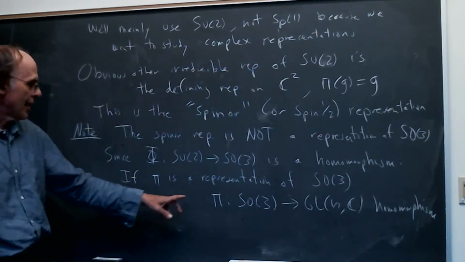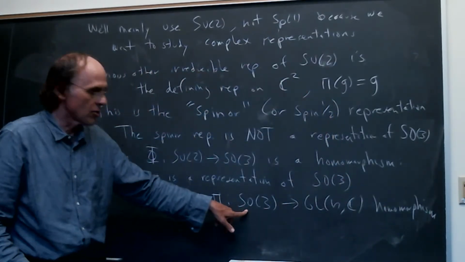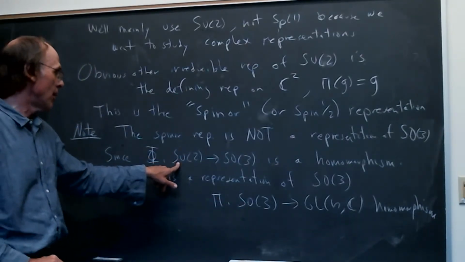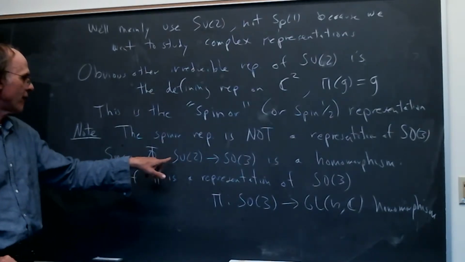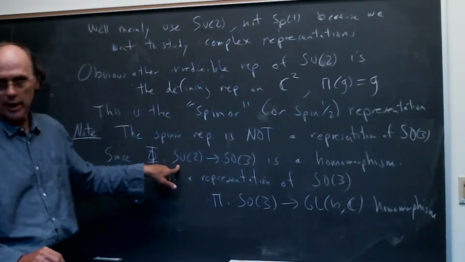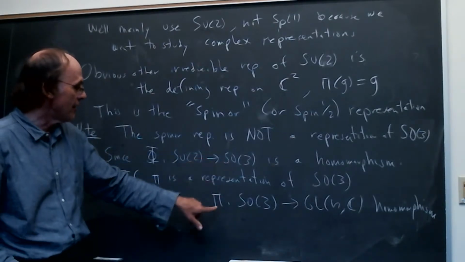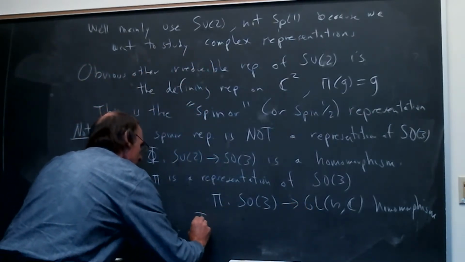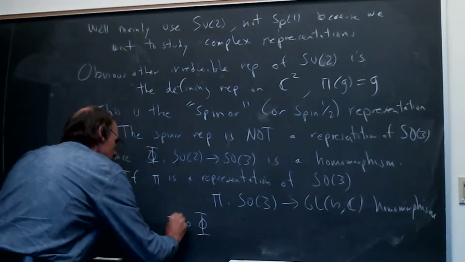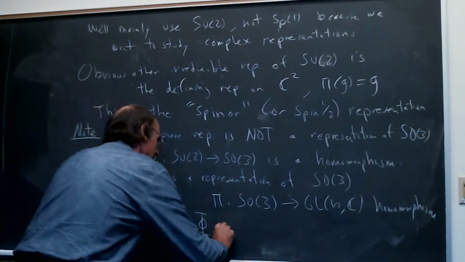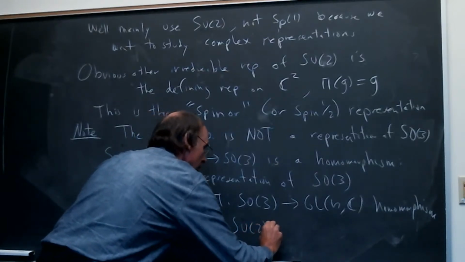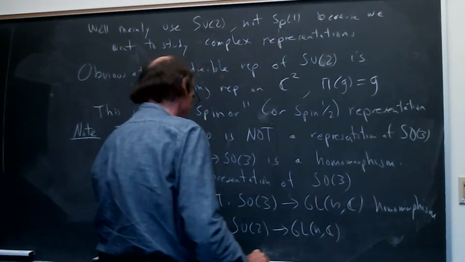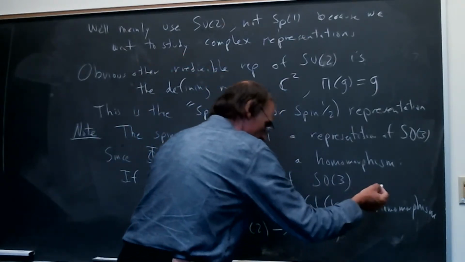Well, this gives you automatically a representation of SU2 by saying first use phi to map SU2 to SO3, and then use pi to map to GL_n(C). So it's going to be phi composed with pi, and that takes SU2 to GL_n(C), which is also a homomorphism.